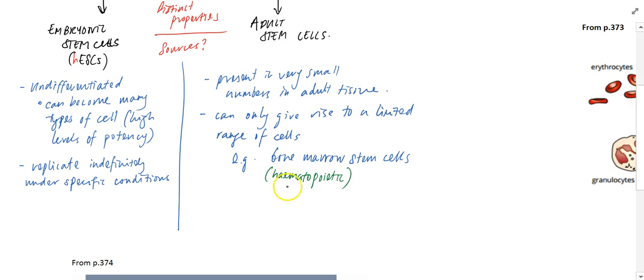If you break this word down, hemato refers to blood, the Greek word for blood, and poietic means producing. So these are the blood-producing stem cells, the stem cells that give rise to pretty much every cell you would find in the blood.